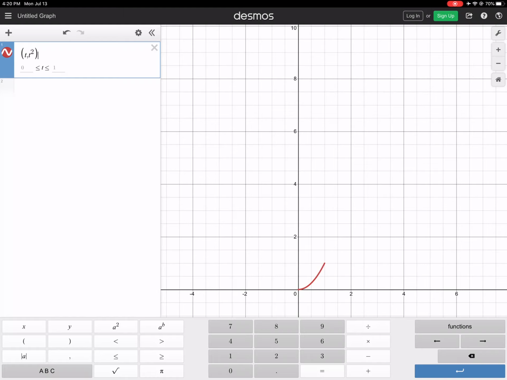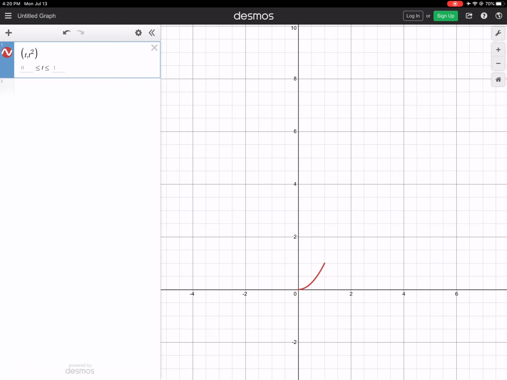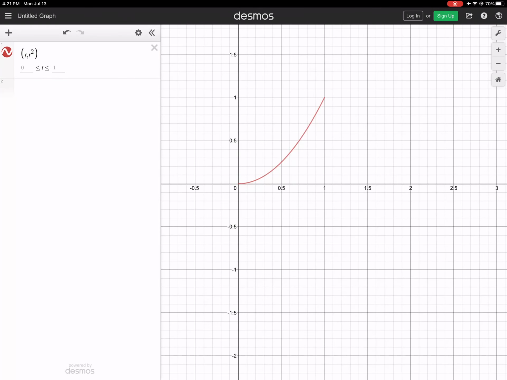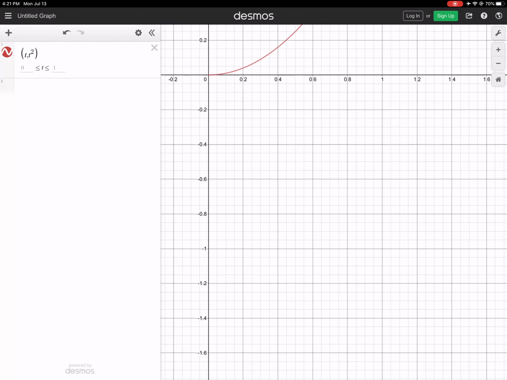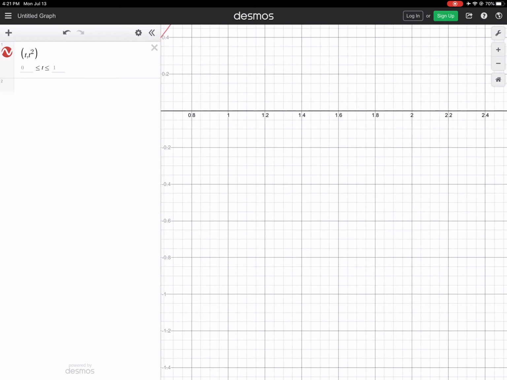And I'm going to close the parentheses, and you see that my range right below the t squared, you see 0 less than or equal to t less than or equal to 1. And that is what you see here. In my range I'm going from 0 to 1.